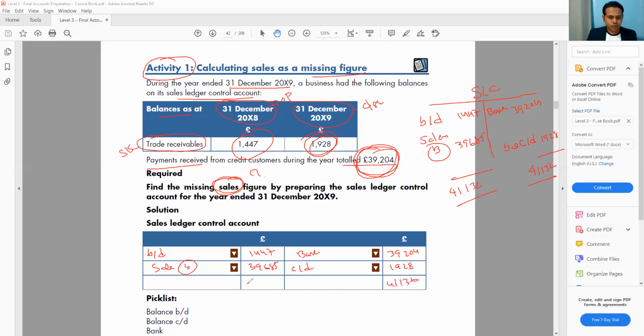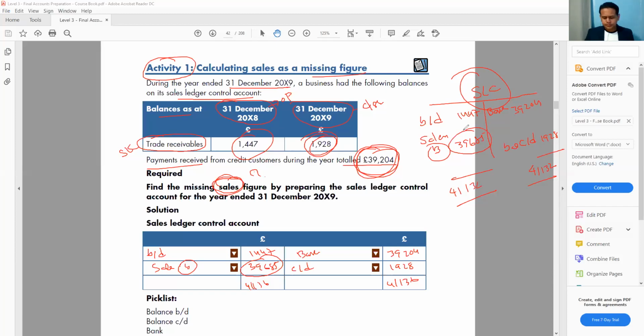The total is 41,136 on both sides. Before, when we did our ledger accounts, we always needed to find the balance c/d or b/d, but this time we are not calculating the balance c/d or b/d. The c/d or b/d is already given, but we need to calculate our difference. So the difference here is 39,685. This is our credit sale. If the question asks how much the credit sale is, our credit sale was 39,685. This is our balancing figure.